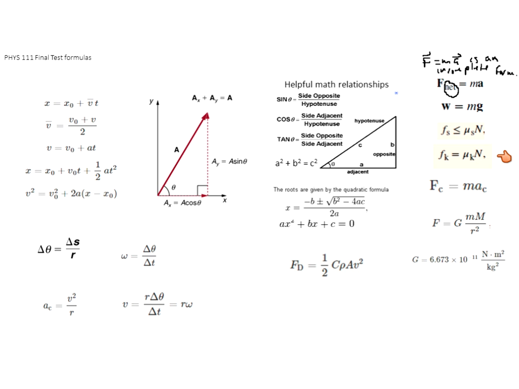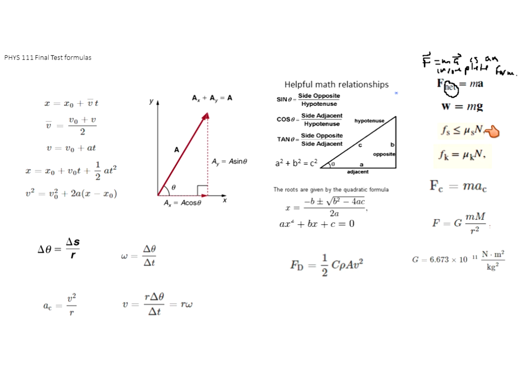And static friction, notice there's this less than or equal to sign. If you have a book sitting on a flat table, there's presumably friction between that book and that table. But if the table is not tilted and if nobody's pushing on the book, the force of friction is 0. If I push on that just a little bit, then the frictional force is tiny.